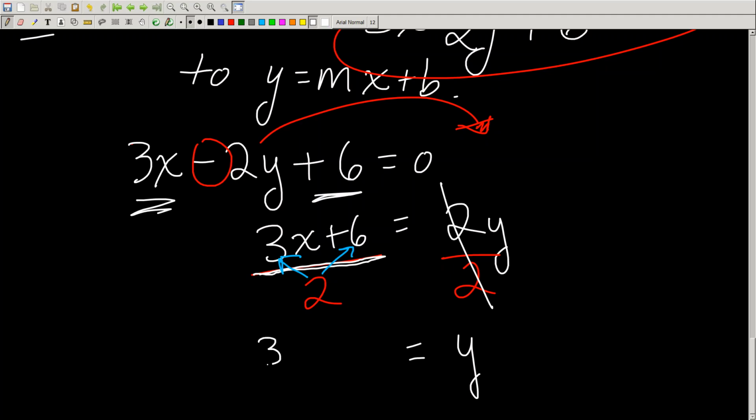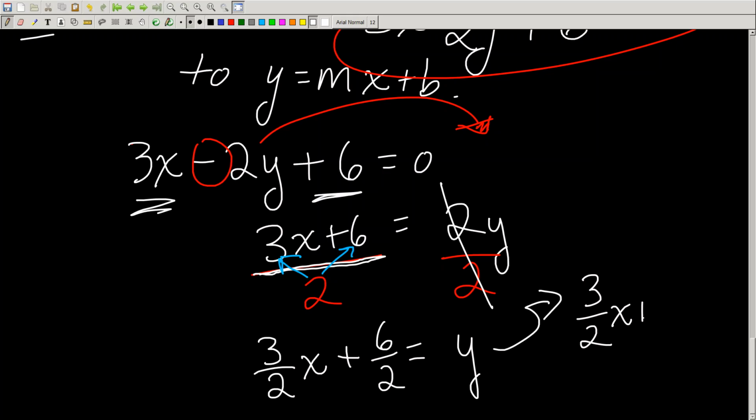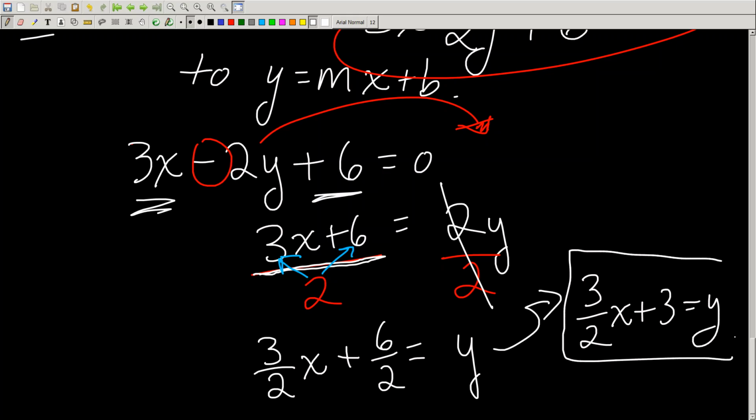So what you end up getting is 3 over 2x plus 6 over 2. Now, what is 6 over 2? That's right. 6 over 2 is 3. So I can simplify this to 3 over 2x plus 3. And there you go. My equation is isolated into y equals mx plus b.